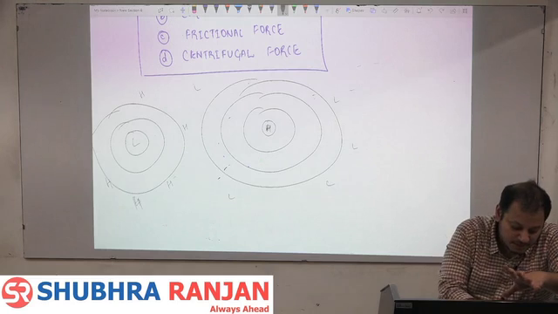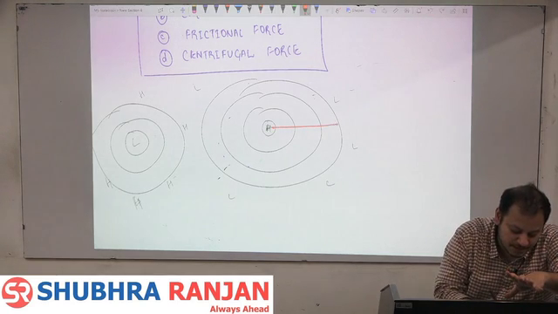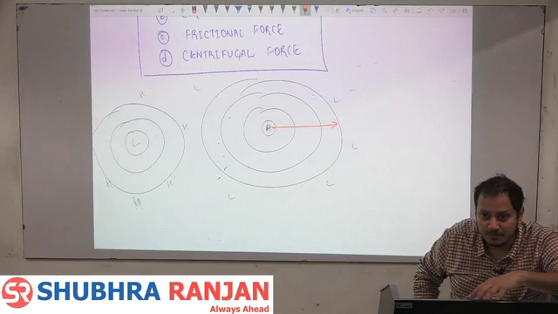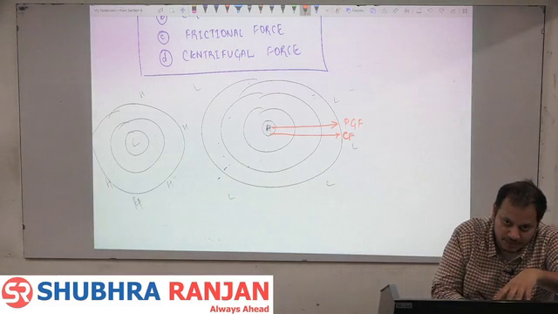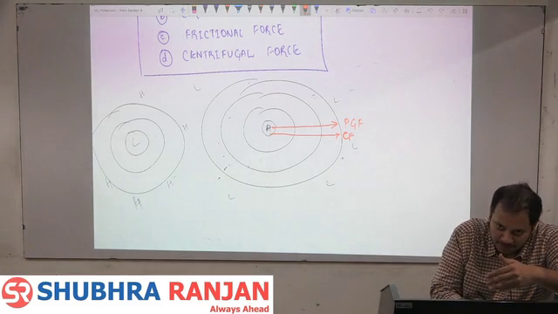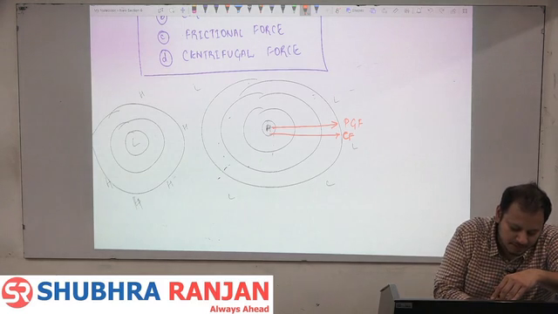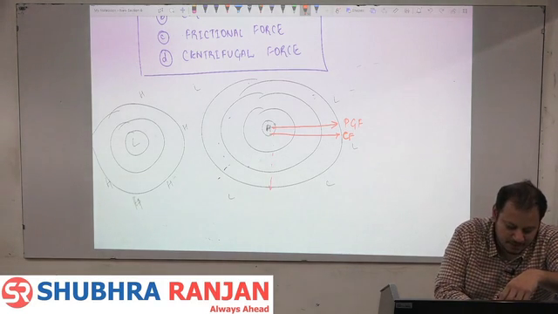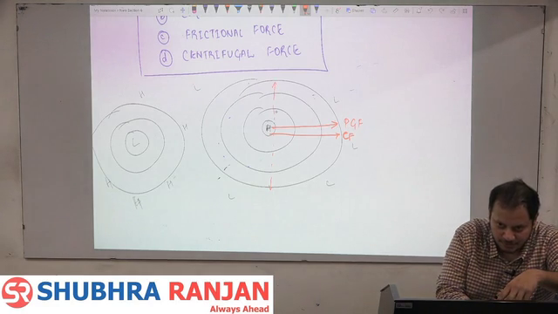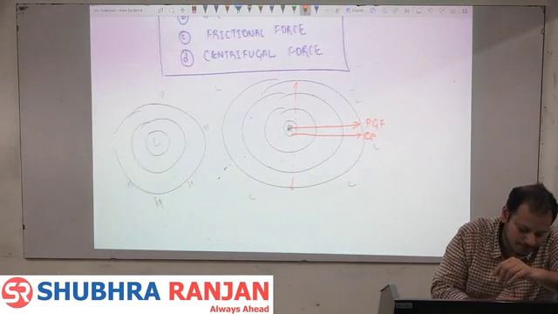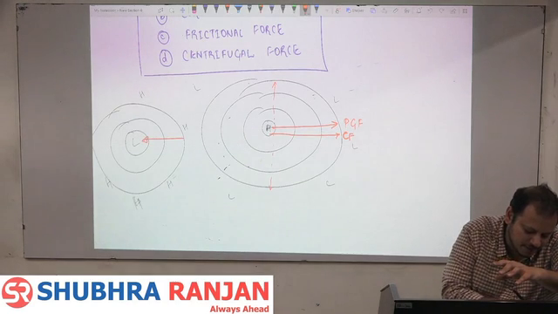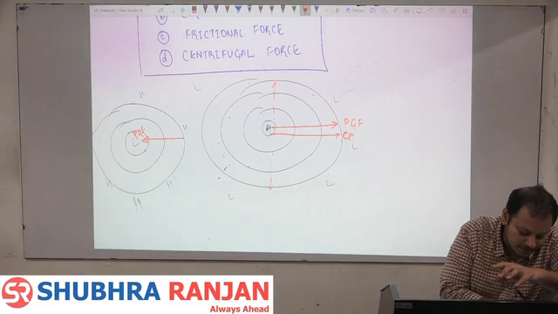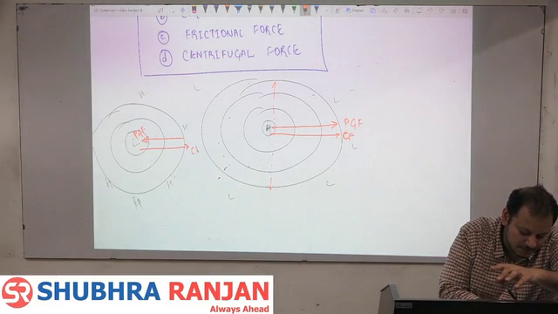In this low pressure system, this is the direction where the pressure gradient force is acting. This is the direction where the centrifugal force is acting. If it is in the northern hemisphere, then the Coriolis force will act in this direction. If it is in the southern hemisphere, then the Coriolis force will act in this direction. Similarly, in cyclones, this is the direction where the pressure gradient force is acting, and this is the direction where the centrifugal force is acting.